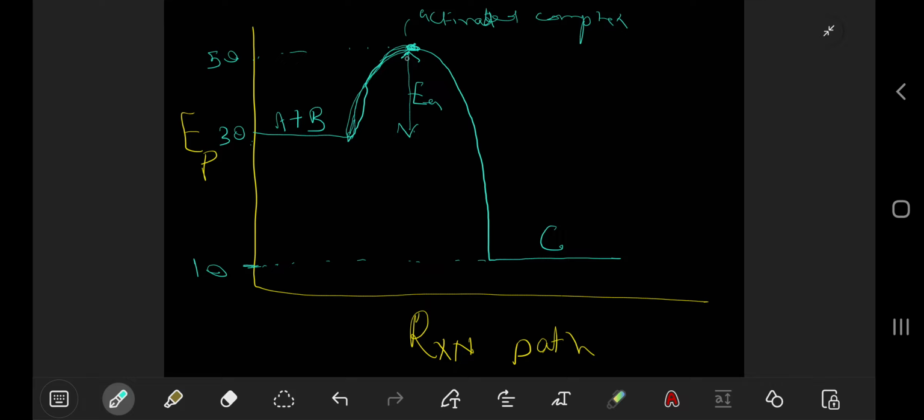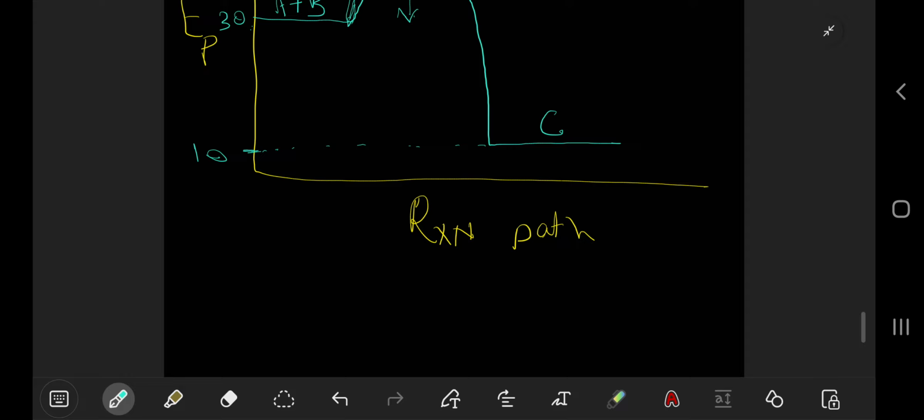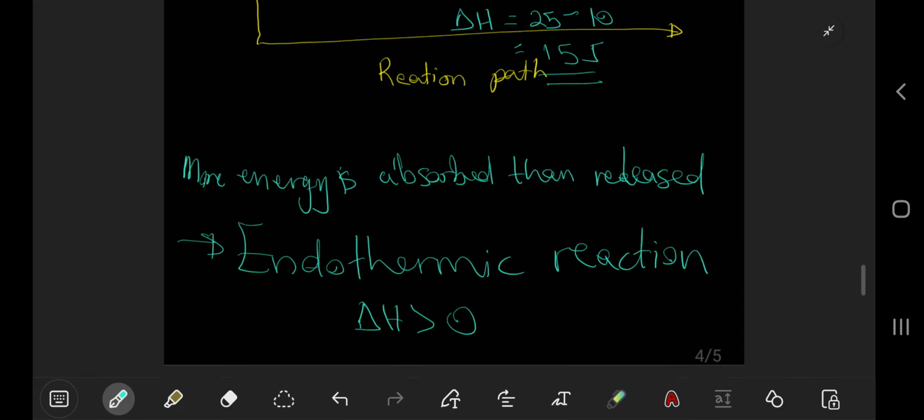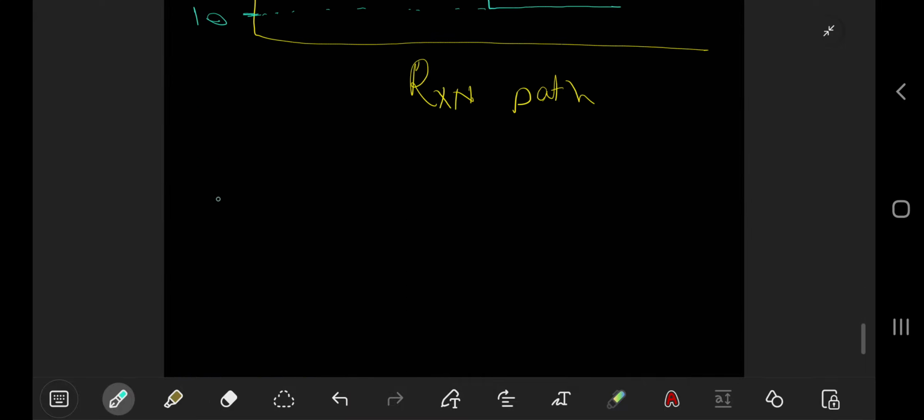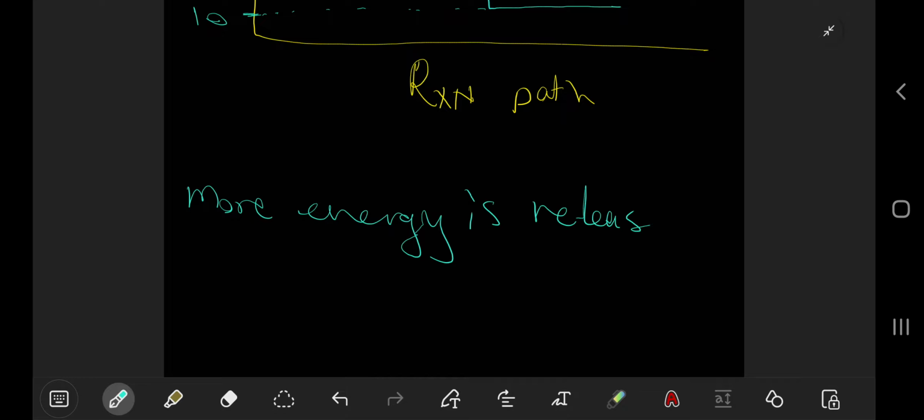And then we released from 50 to 10. So we released 40 joules of energy. So we only absorbed 20, but we released 40. So it means that we have released more energy than what we have absorbed, which is the opposite of what we had here, where more energy is absorbed. So now we'd say more energy is released than absorbed. So it's actually the opposite.